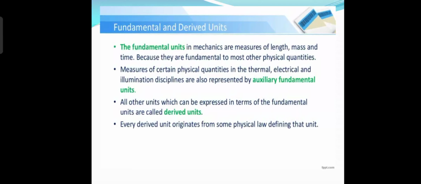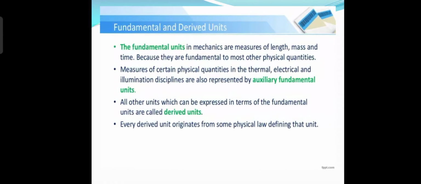The fundamental units measure length, mass and time. They are the basic fundamental quantities of the other physical quantities. It also includes certain physical quantities in thermal, electrical and illumination disciplines, which are represented as auxiliary fundamental units.